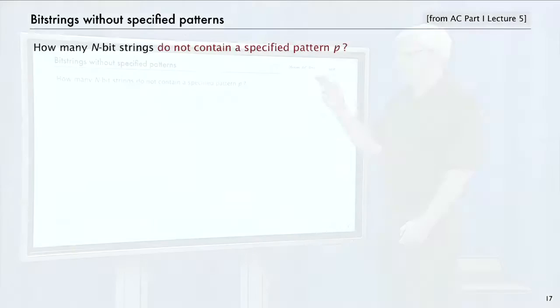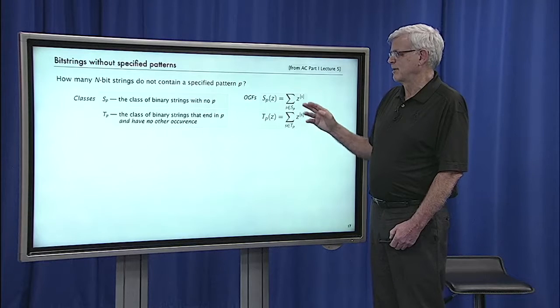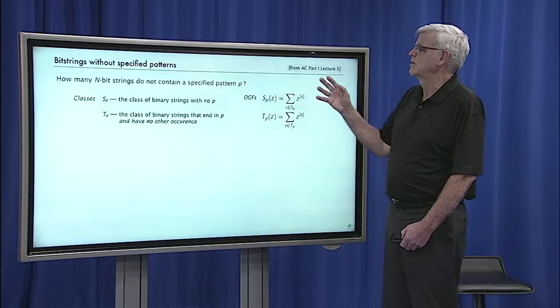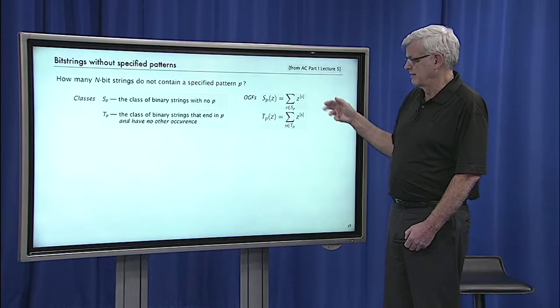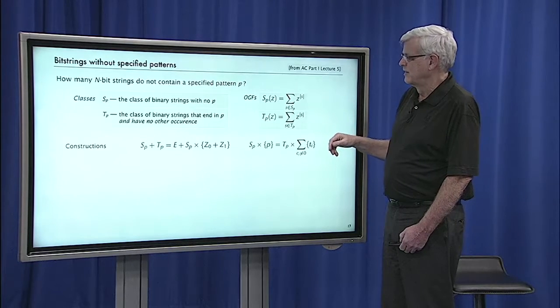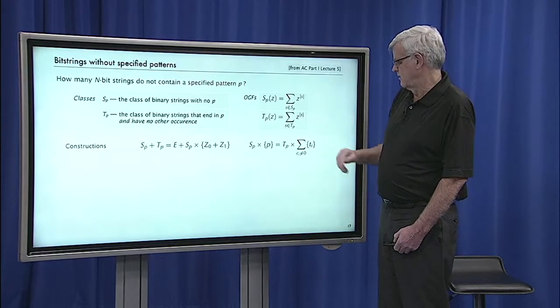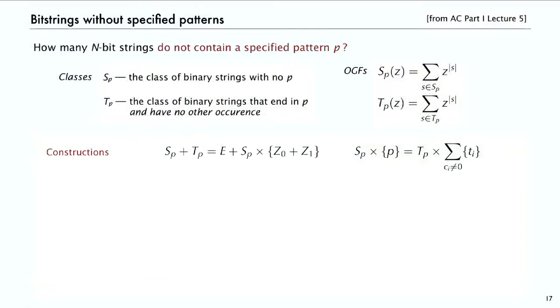So if we want to find the bit strings that don't contain a specified pattern, we have these two combinatorial classes with their generating functions, and we have the two constructions. By the symbolic method, those constructions immediately translate into two different generating function equations involving our generating functions of interest and the correlation polynomial.